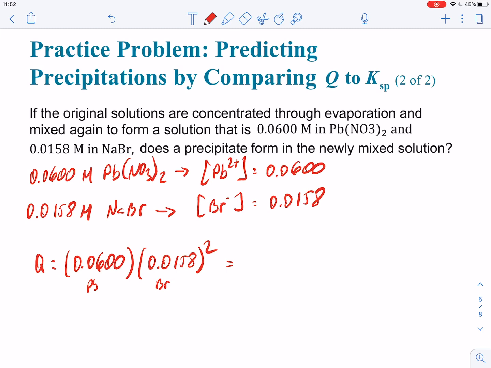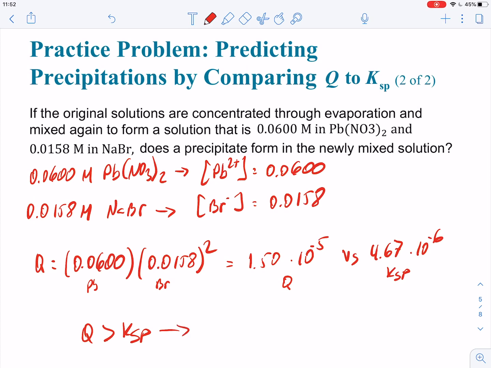In this case, we obtain that Q is equal to 1.50 times 10 to the negative 5. Now we compare this versus 4.67 times 10 to the negative 6. This is our Ksp. So this is Q, that's Ksp. Now Q is larger than Ksp.